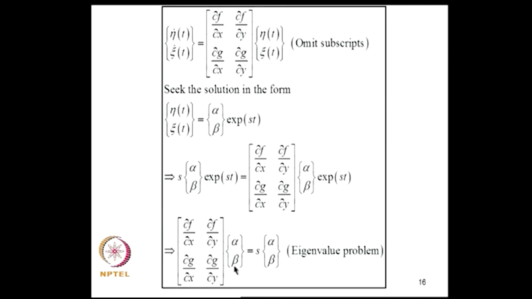So, clearly alpha, beta equal to 0 is a solution to this problem for all values of s, but we are interested in those values of s for which alpha and beta are non-zero. So, we perform the eigenvalue analysis. In this case we get 2 eigenvalues, s1 and s2. They will be complex, and therefore they will be complex conjugates. So, I can write the roots as s equal to a plus ib.